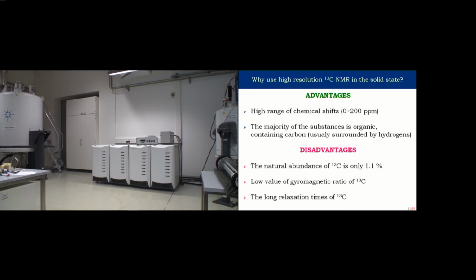The third one, and I think the most important, is the relaxation times. That means that the system relaxes very slowly after irradiation. Sometimes it is good, sometimes it's not so good. For example, these relaxation times are of the order of 10 or 100, sometimes 1,000 seconds. But this is luckily much shorter than, for example, for silicon, which is a nucleus with rather long relaxation times.